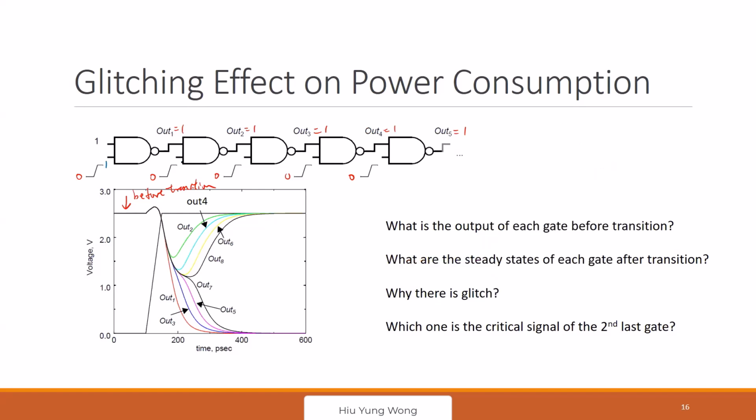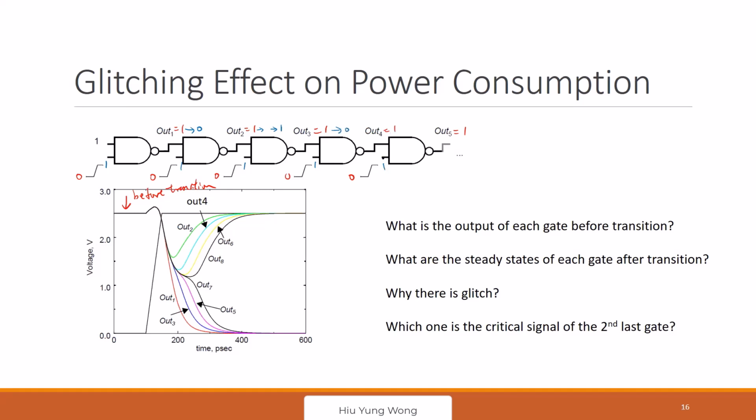What is the correct logic? If this is 1, 1, this one is supposed to go to 0. But now this is 0, 1, so this one should stay at 1. If this is 1, 1, then this one should go to 0.